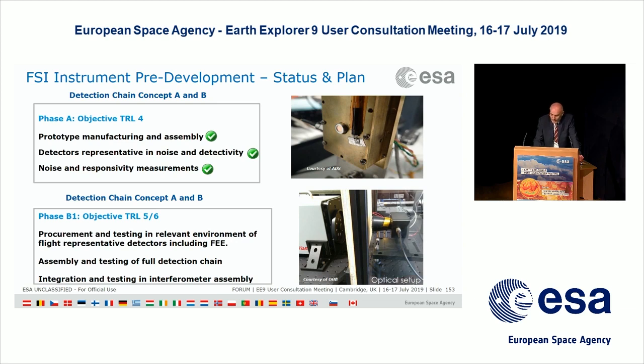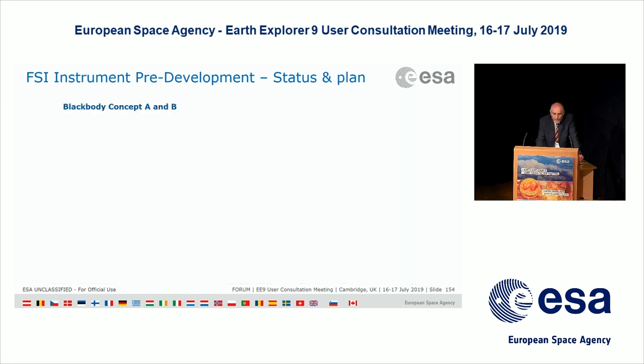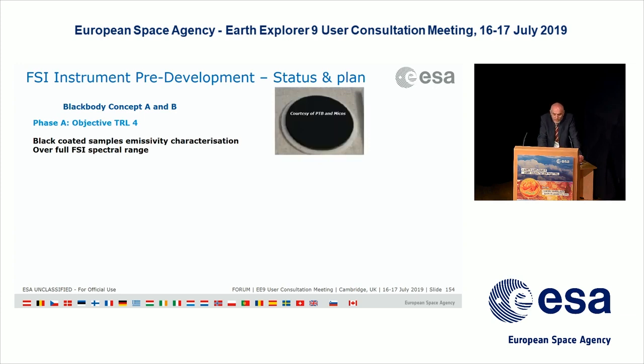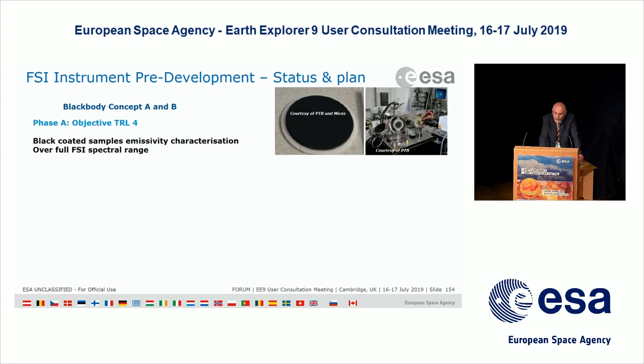For the black body, the various activities have been mentioned by Charlotte during the presentation. So the first part of the activity consisted in selecting a baseline for the coating materials that have been characterized for emissivity over the full spectral range of the instrument. You see a picture of the samples and the lab setup for the emissivity characterization that have been completed.